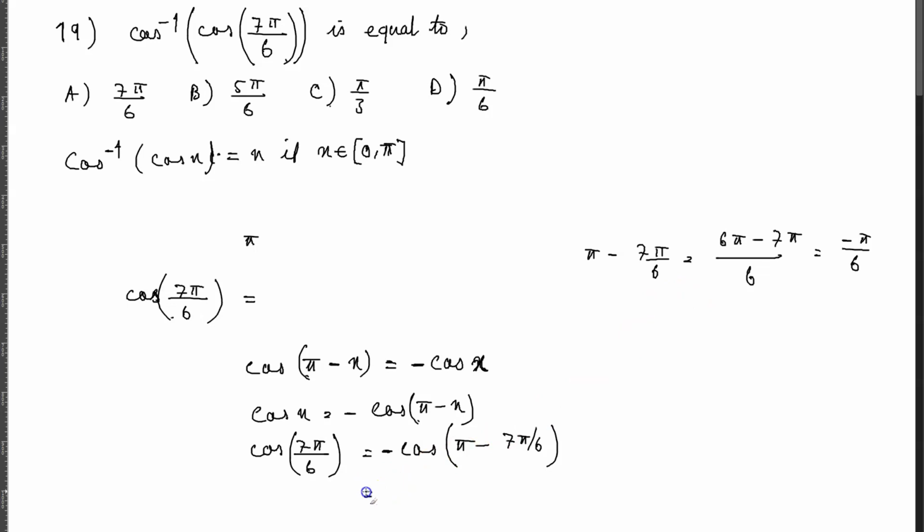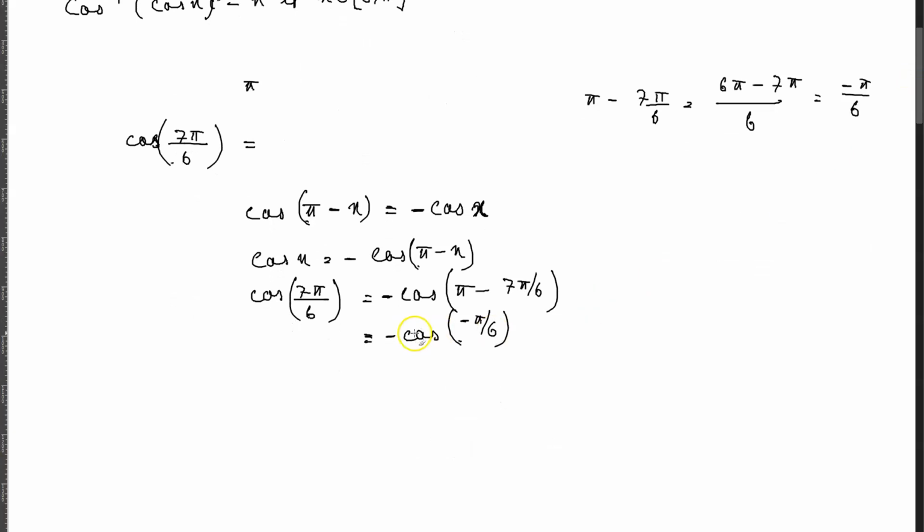So let me see if I did this right. 6 pi minus 7 pi, so negative pi by 6. Now I can write this as negative cos of negative pi by 6. Now you know that cos of negative x is equal to cos of x, right?